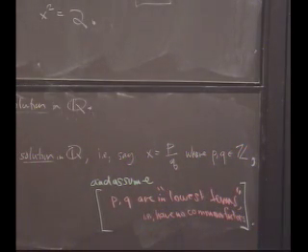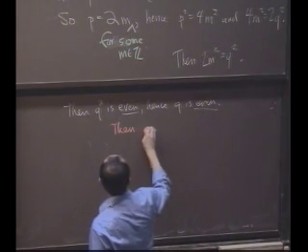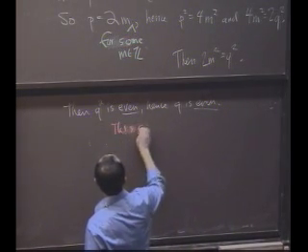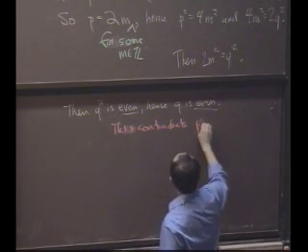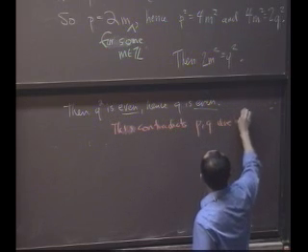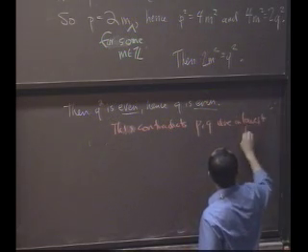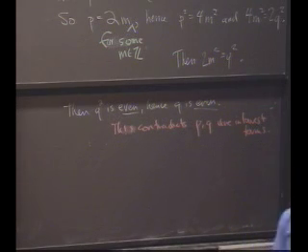And then this would give us a contradiction. Then this contradicts the fact that P and Q are in lowest terms. Okay, so what does this mean?